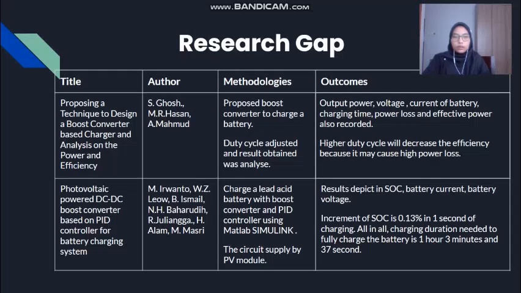The next one is Photovoltaic Power DC Boost Converter Based on PID Controller for Battery Charging System. This paper is written by M. Irwanto, WZ Dio, B. Ismail, H. Baharudin, R. Julianga, H. Alam, and Masri.